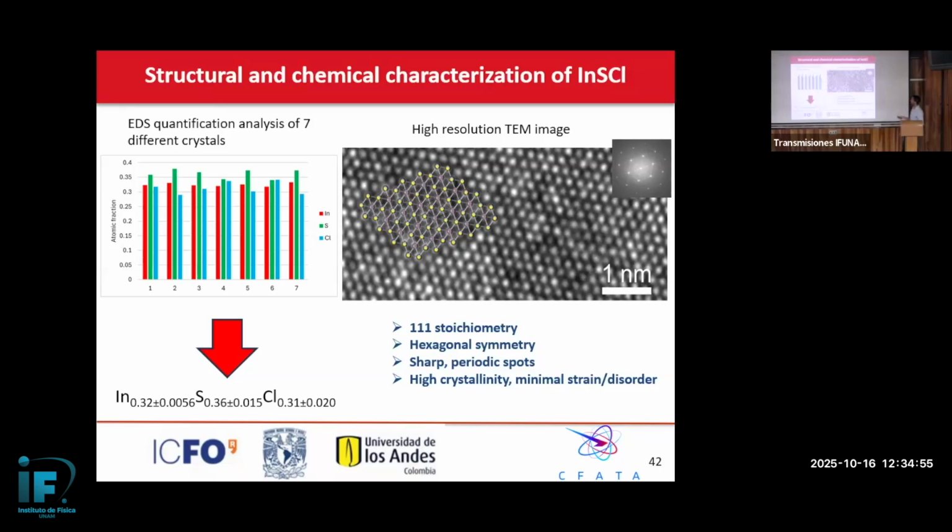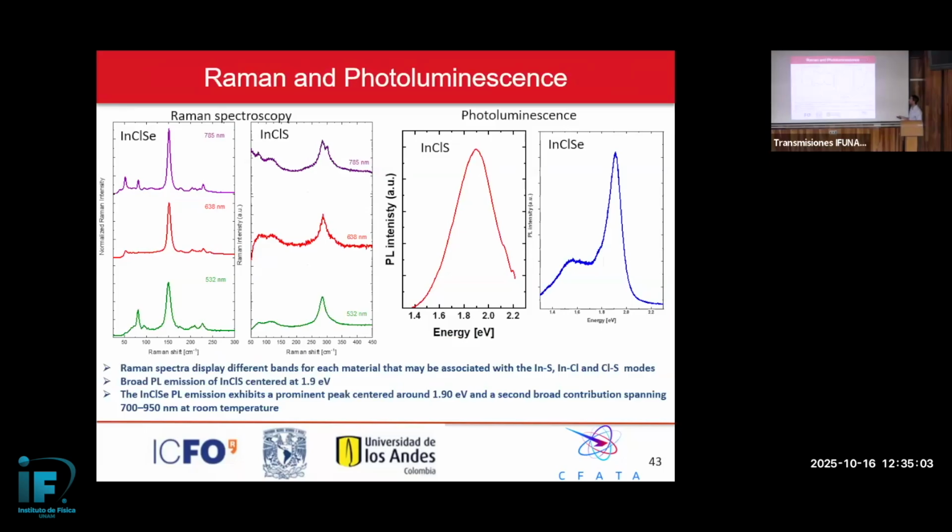Of course, the first thing that I wanted to determine is what the PL looks like. I love working with excitons. This is the Raman spectra for indium chlorine selenide, and this is indium chlorine sulfide.